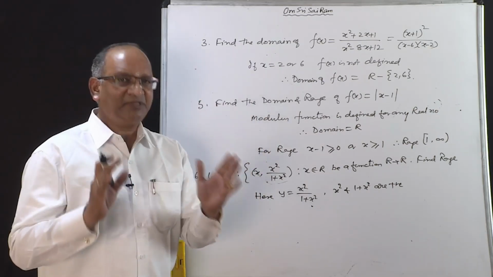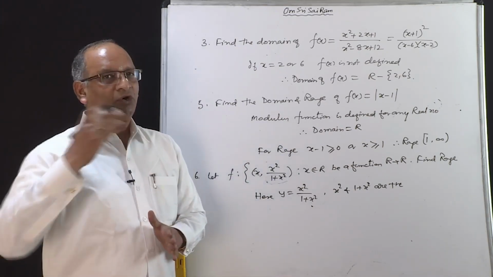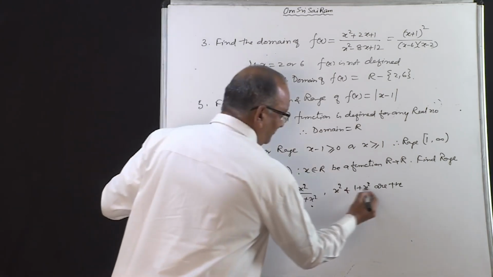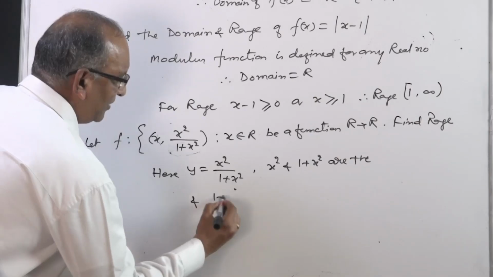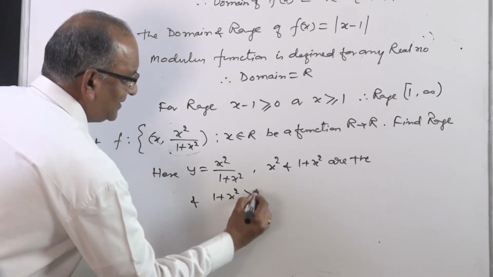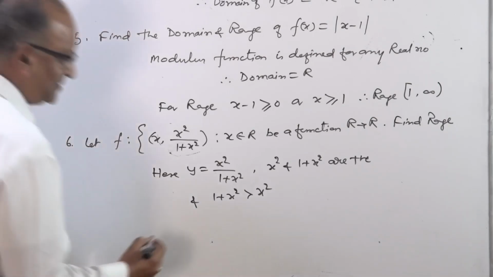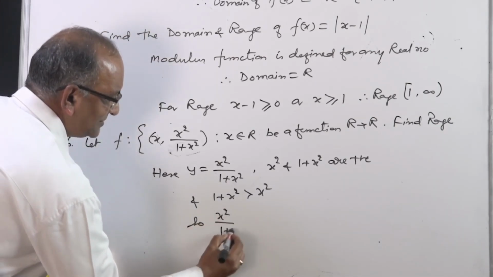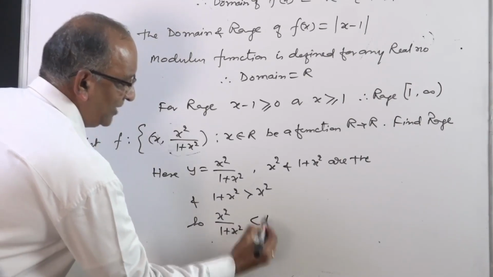Means the value you are going to get will be less than 1. It is not going to be more than 1. So x square and 1 plus x square are positive, and 1 plus x square is greater than x square. As a result, x square upon 1 plus x square is going to be less than 1.